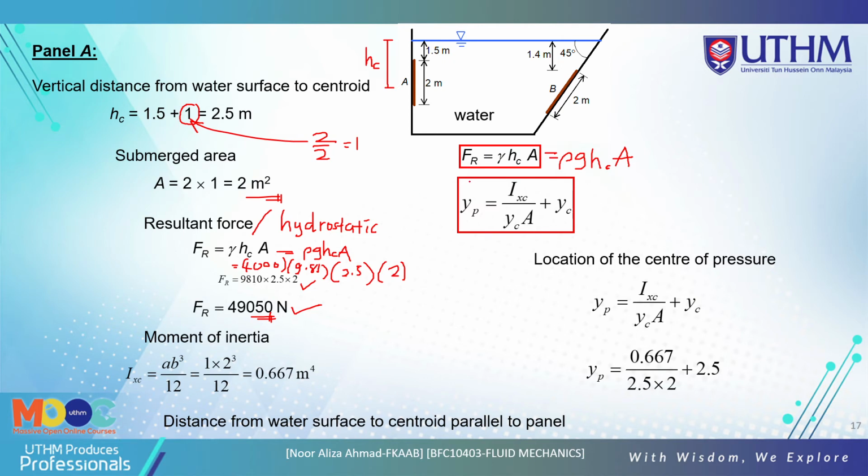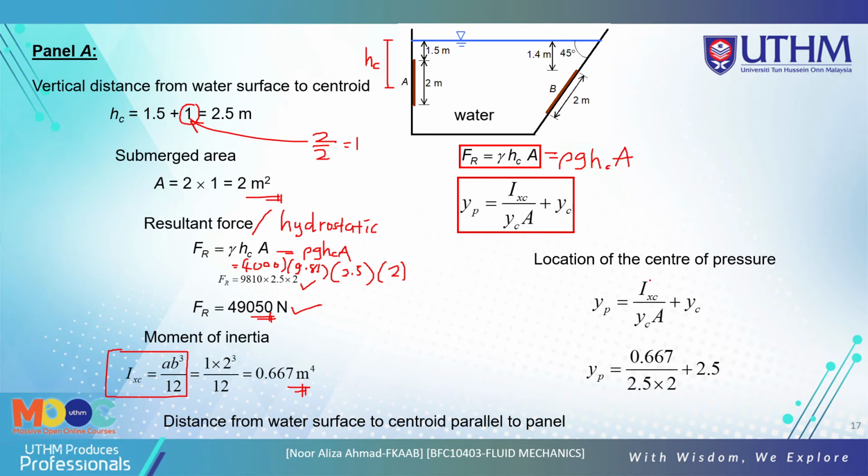Now to get YP, you must use the inertia. Because it is a rectangle, use this equation for inertia: I is equal to 1 times 2 to the power of 3 over 12, so you get the value here. The distance from the water surface to the centroid, parallel to the panel, gives the location of the center of pressure.